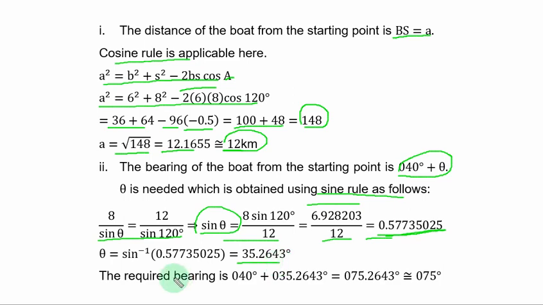The required bearing is 040 degrees plus 035.2643 degrees. If you add, you get this result. To the nearest degree, you have 075 degrees. In bearing calculations, we always use 3-digit bearing. Hence, the addition of the 0 before 75 and other angles that are affected.